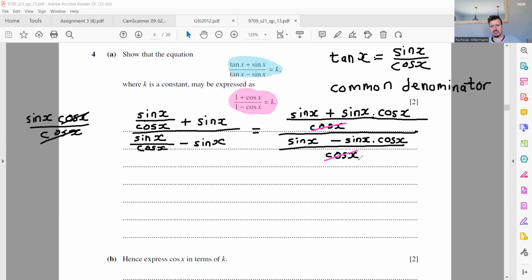And so you should have noticed the cos x is cancelled because we happen to get them over the same denominator. So that makes it a bit easier because then we're just left with this.